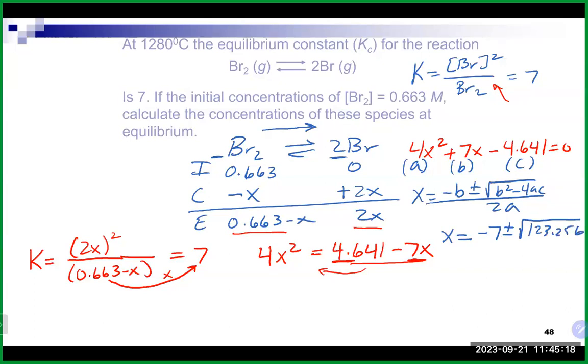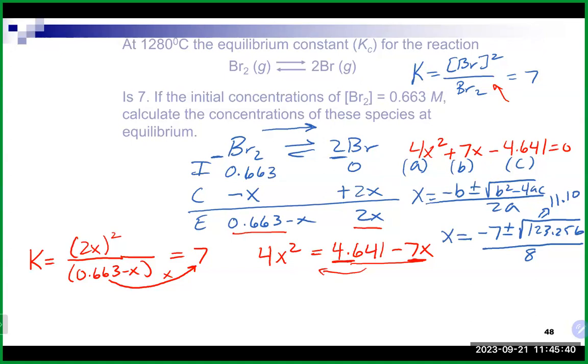Then if you take the square root, you'll end up with something like 11.10. That's all going to be divided by 2 times a, which is 8. I'll try it without my calculator in this case. Any questions on that? So again, just putting those letters into there and solving for it.